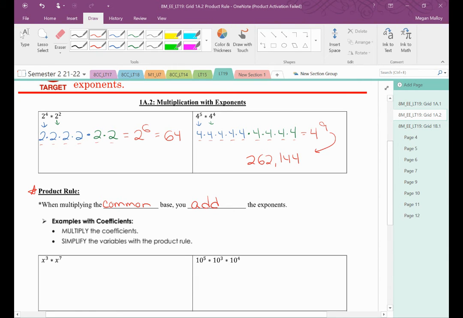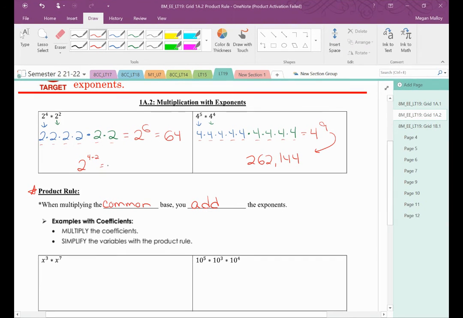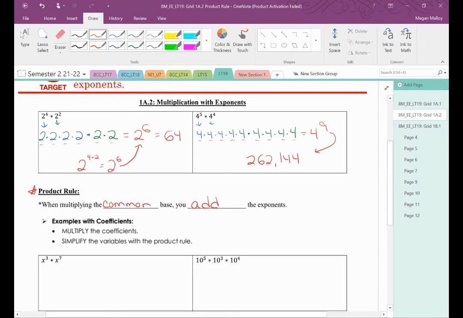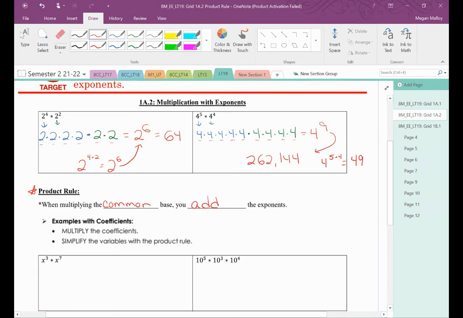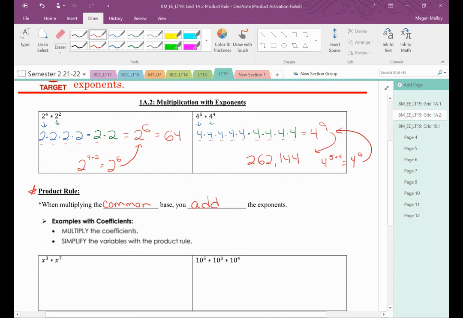So if we look up at that very first example, we had 2 as our common base, and then 4 plus 2, that equals 2 to the sixth, which is what we had originally found. If we look at our second example, we had 4 to the 5 plus 4, which equals 4 to the ninth, which is what we had originally found.